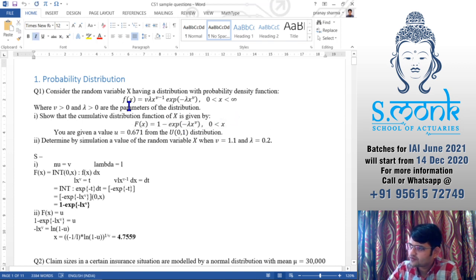So for cumulative we integrate our f of x from the lowest value to a general value of x. So this is one way of writing your equations. Now if you have not practiced equation editor before, even if you know how to use it, do not go for equation editor, because it takes a lot of time.